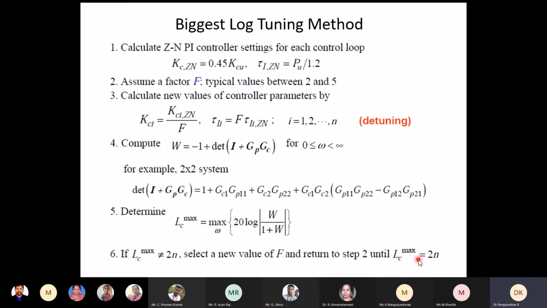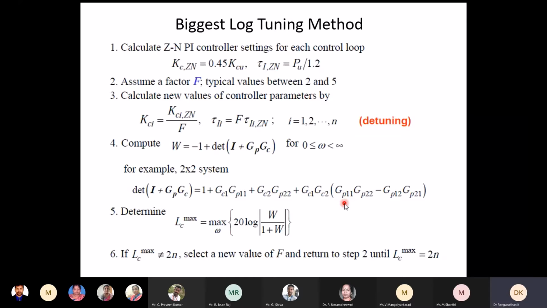So this is the biggest log tuning method, which is done especially for controlling multi-loop systems. This is the main thing required from my side for unit 4, because unit 4 is more into application. The application with regard to multi-variable control we'll probably cover in the next unit.